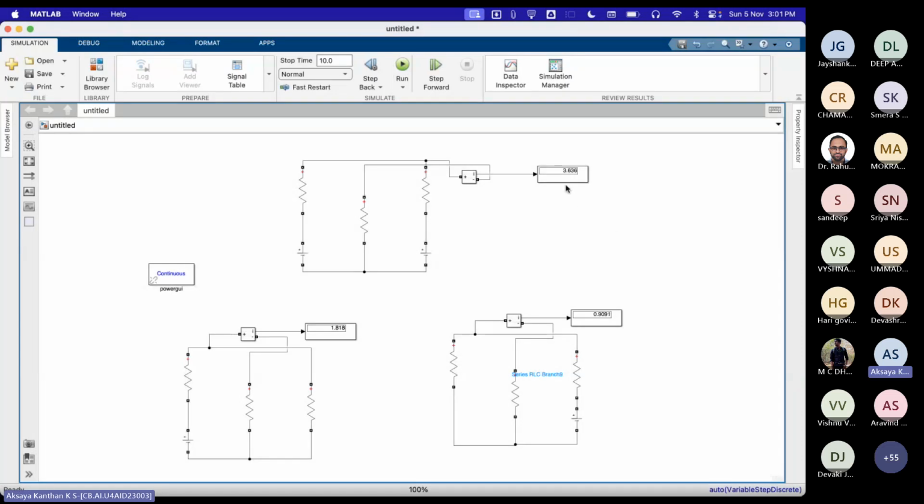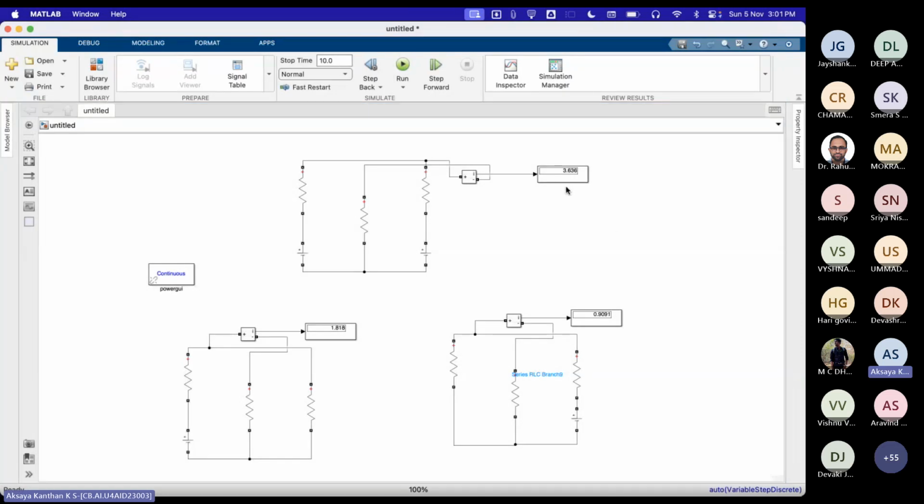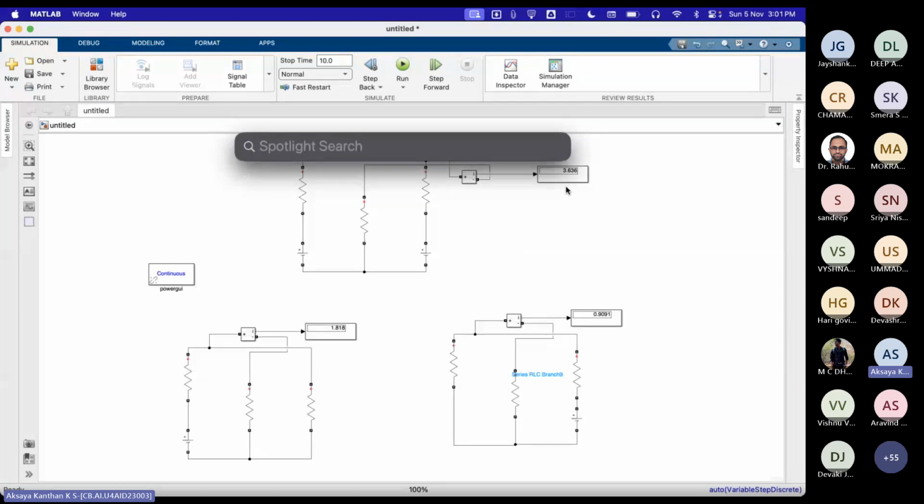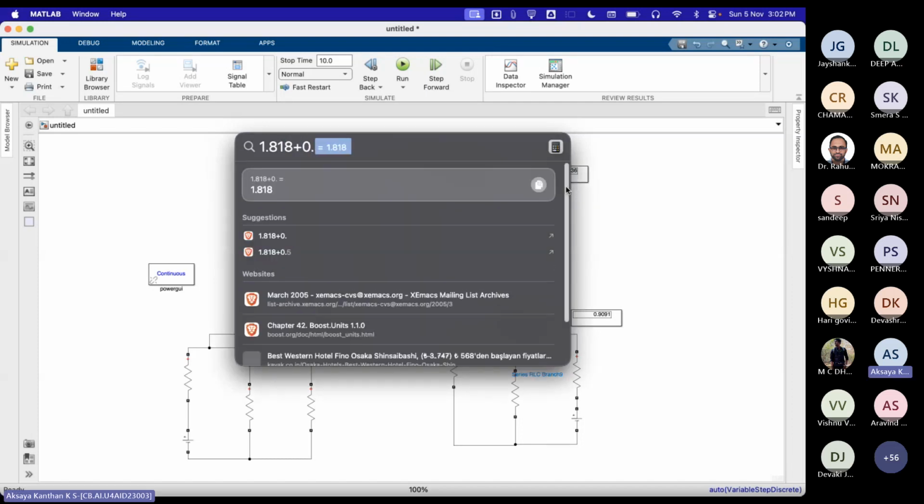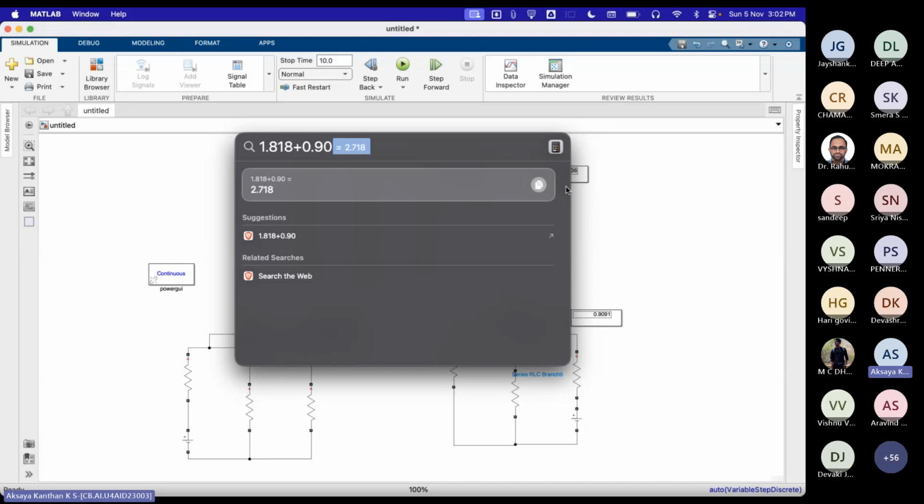I get 3.636, which is probably the sum of 1.818 plus 0.9091. Okay, it's different.